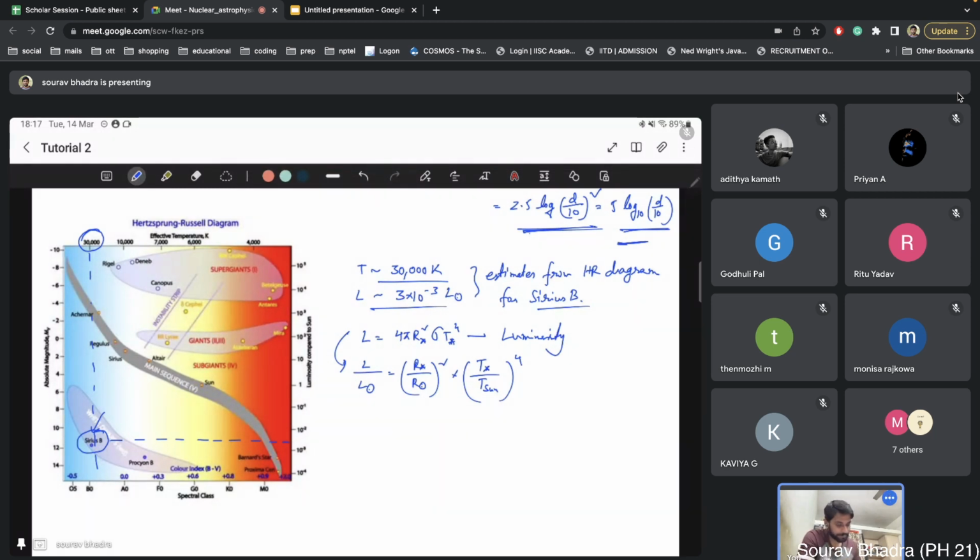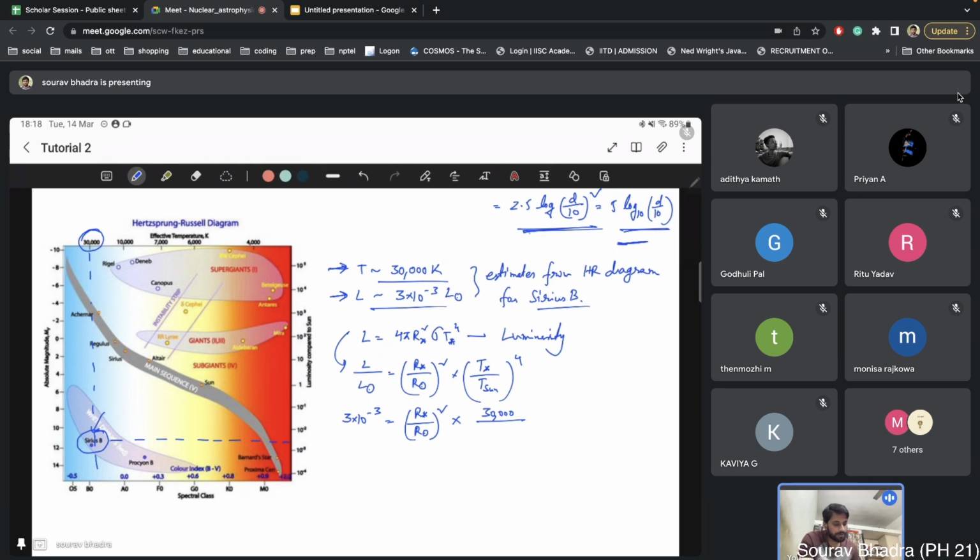L by L sun is 3 times 10 to the power minus 3, and we will calculate r star by r sun squared times T star by T sun. T star I have approximately taken as 30,000 Kelvin, and for the sun the temperature is 5,800.